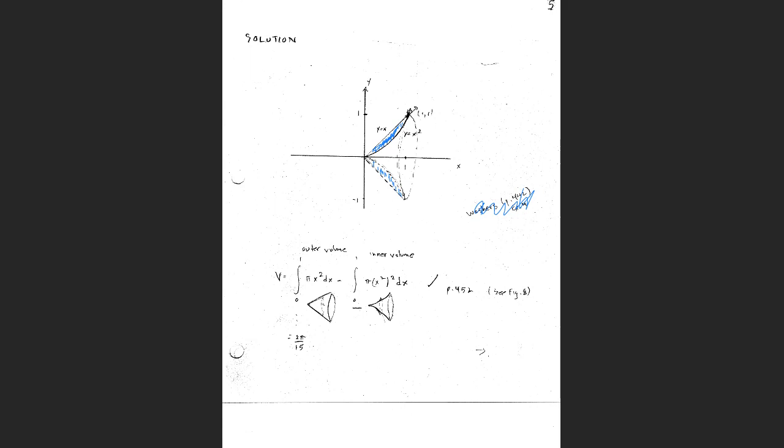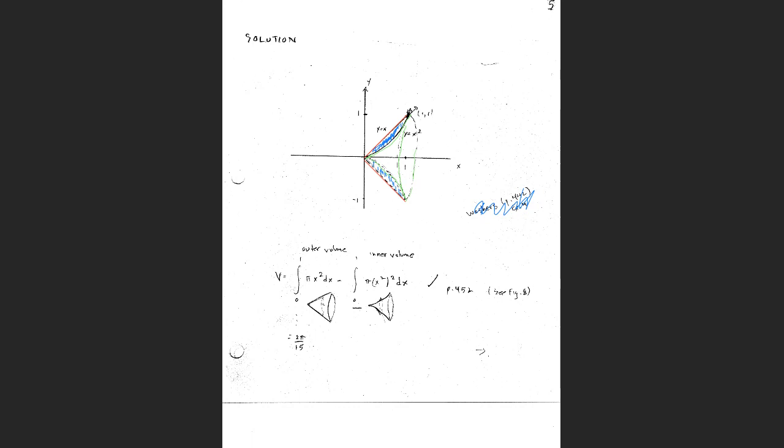You can think of the volume as the difference between the volume of this cone and the volume of, maybe I'll put it in green, this Hershey's Kiss here.